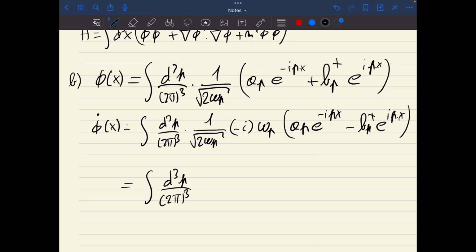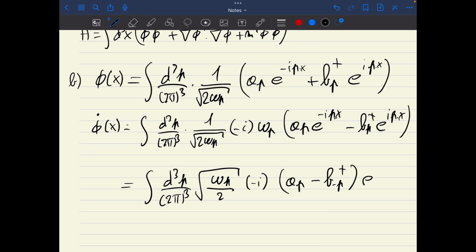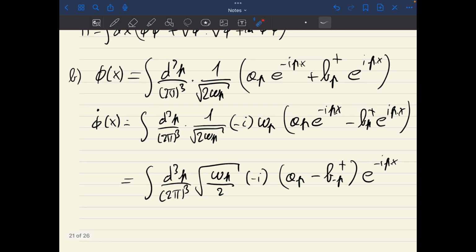So here we can simplify, so we have omega p over 2, minus i, and here A p minus B minus p. And here we have the common factor e^{-ipx}. Okay, so that's phi dot. So the same trick here, in order to factorize the exponential, we can do here. So I will write it.